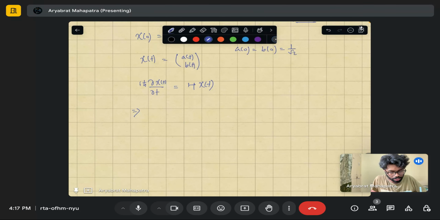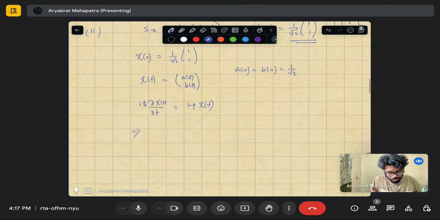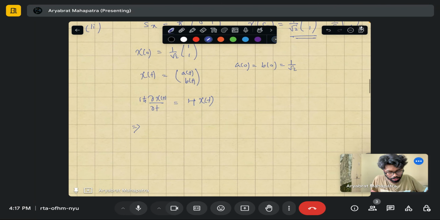So if I take the derivative of chi of t, that will give me, or let me write this a bit more precisely.